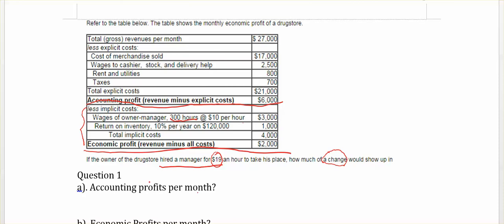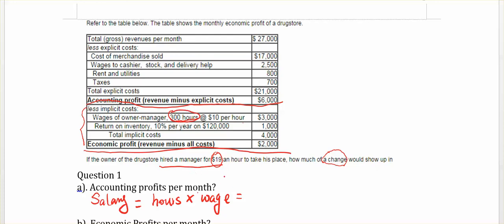Because you hire the manager, you will pay more money on the salary for the manager. So the salary equals the hours times the wage. We know the wage is $19. How about the hours? Before, if the owner ran the drugstore by himself, he worked 300 hours.